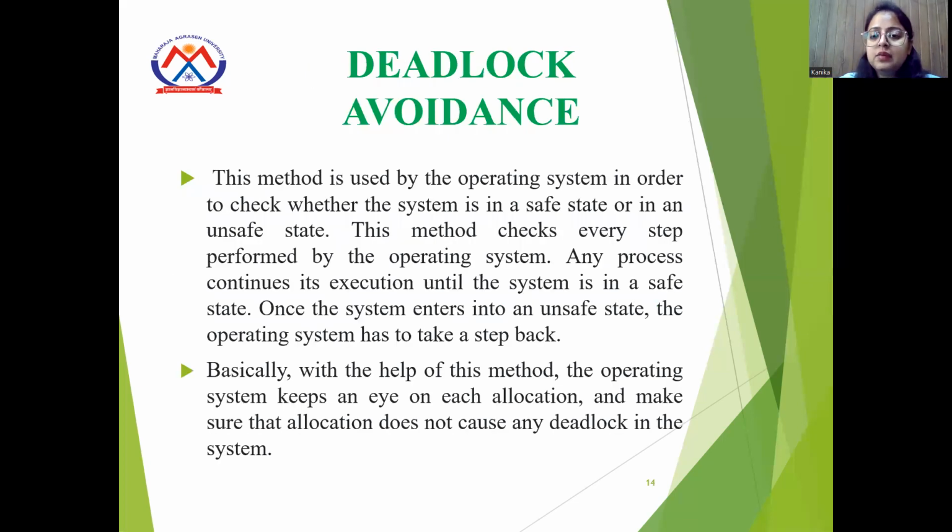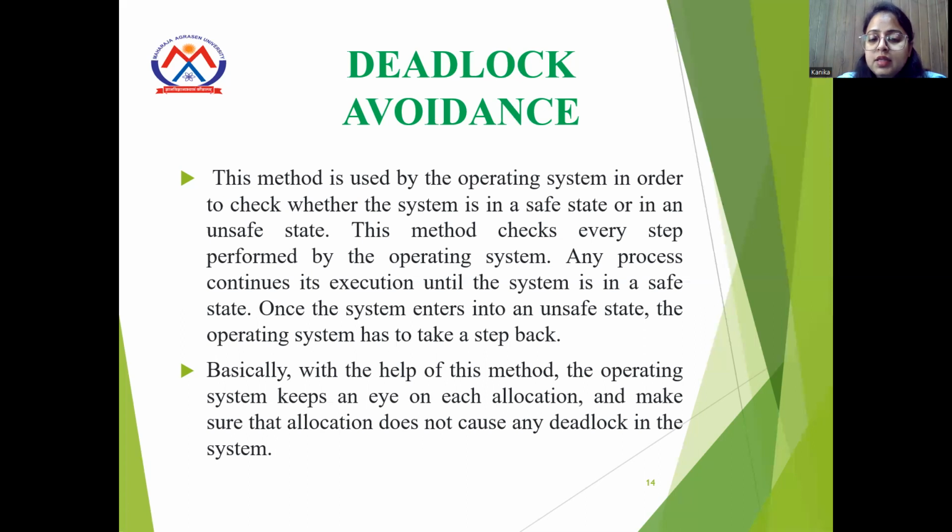Next we will cover deadlock avoidance, that is, if a deadlock situation occurs in our system, what methods we can use to prevent our system from deadlock. This method is used by the operating system to check whether the system is in a safe state. A safe state means there is no deadlock in the system, while in an unsafe state a cycle is formed, meaning a deadlock situation occurs in our system. This method checks every step performed by the operating system.